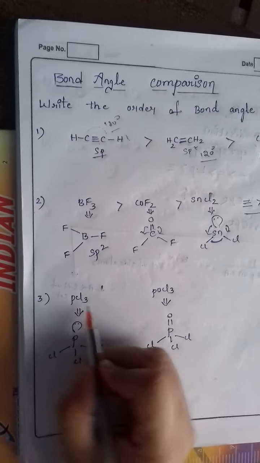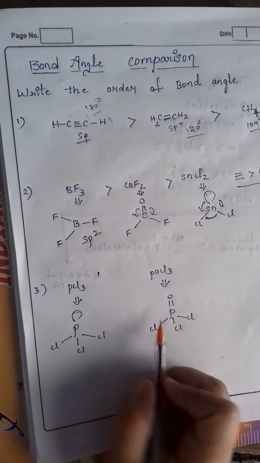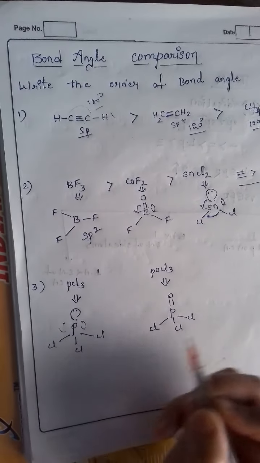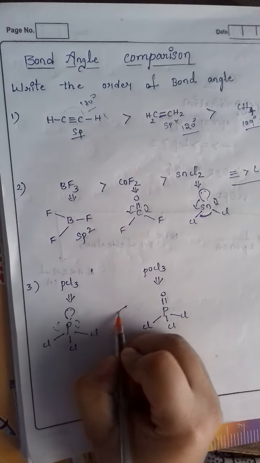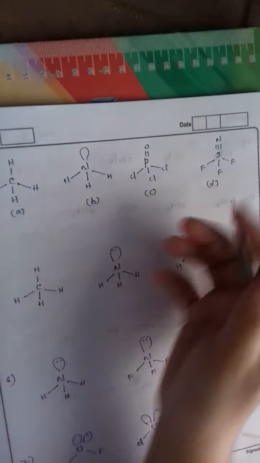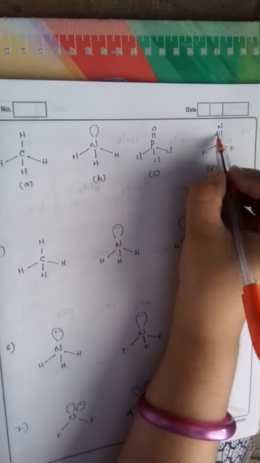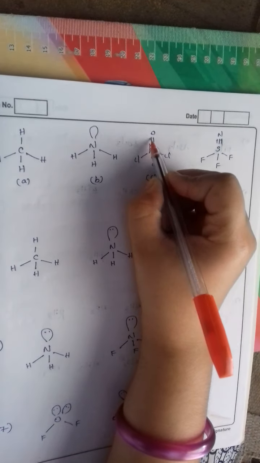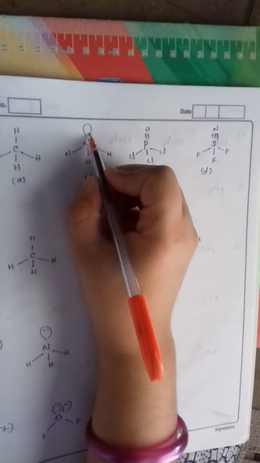See, PCl3, POCl3. I have already drawn the structures for you. The lone pair repulses more, so it decreases the bond angle, and here, then, the double bond. So the order will be this. Now in this question we are applying repulsion and hybridization. Here you can see a triple bond, so it repulses more than the double bond, then the lone pair.